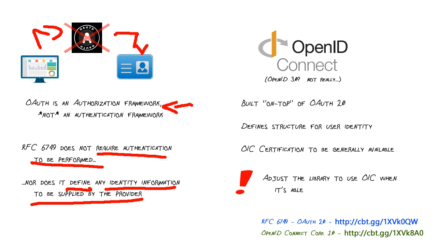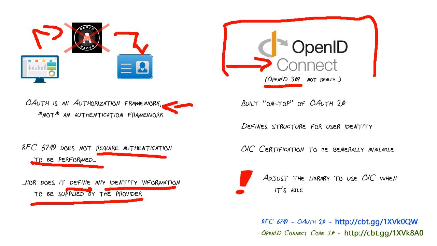And that brings us back to something I talked about right at the top, OpenID. OpenID was created in order to do authentication. OpenID 1.0 was deprecated in favor of OpenID 2.0, and OpenID 2.0 has been deprecated in favor of OpenID Connect. You can think about it as OpenID 3.0 if you want, but it's not really OpenID 3.0.